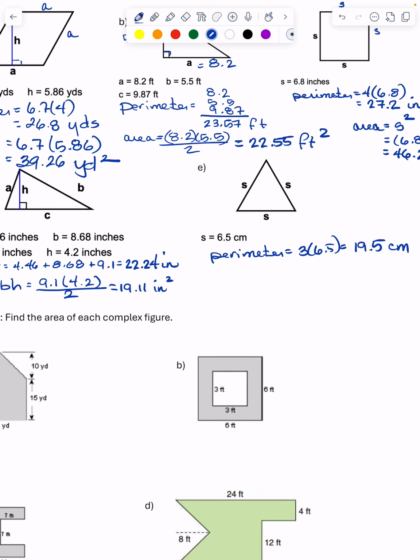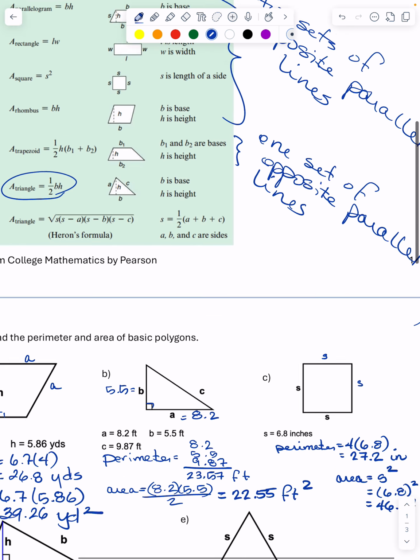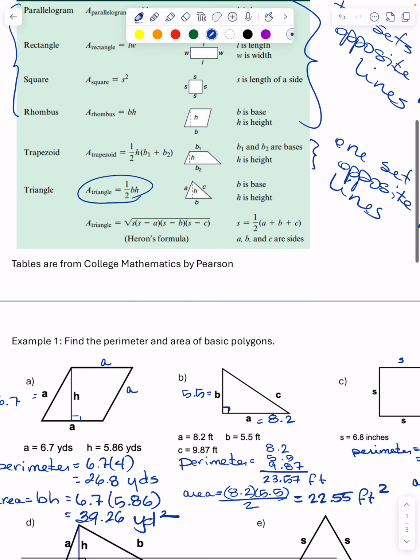To find the area here, we are going back and using what's called Heron's formula. Heron's formula is a little more involved, but it's what we use when we don't have a height that's perpendicular to one of the sides. Now notice, our 3 sides are A, B, and C, and then we have this S. S is called a semi-perimeter. It is half the perimeter.